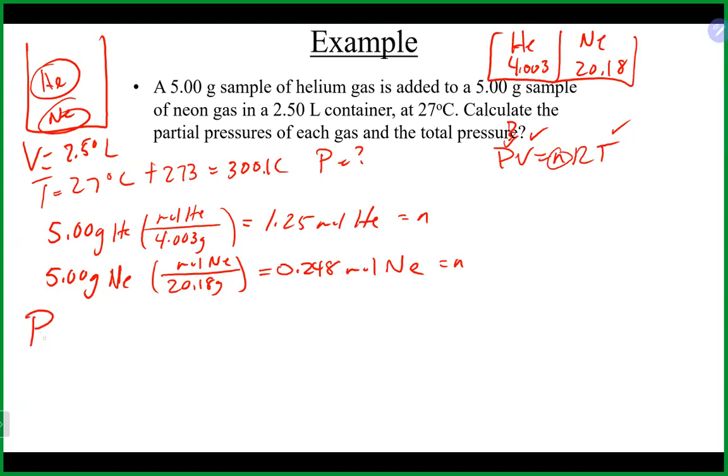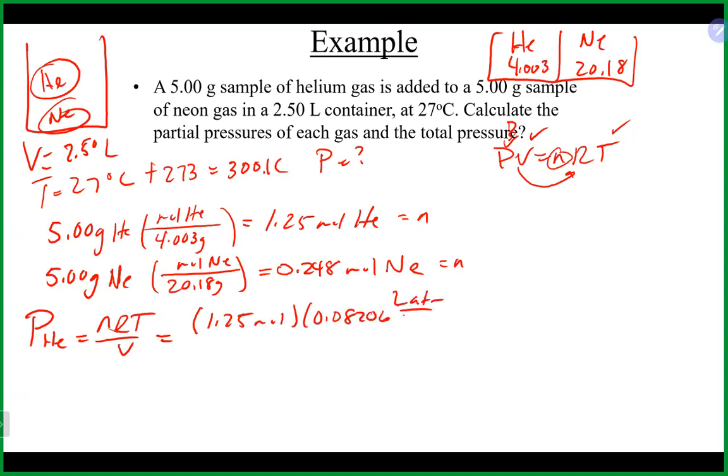So we're just going to take, for example, for helium, the partial pressure, and divide the volume to the other side. It's going to give us nRT divided by V. We're going to take the moles of helium, our gas constant, which again is a value we always have, and the temperature, and we're going to divide it all by the volume here, which is 2.5 liters.